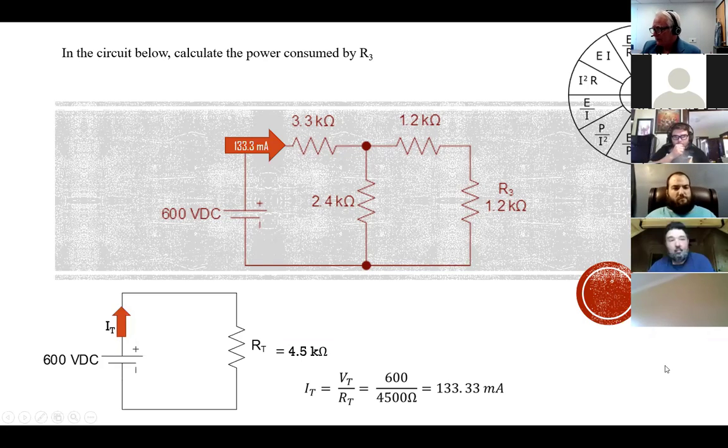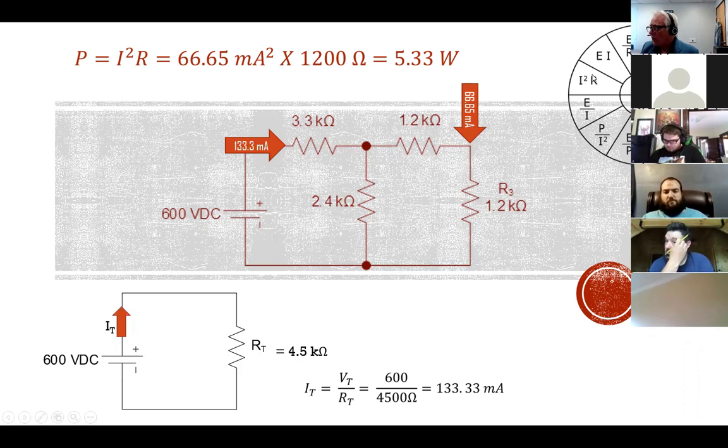So in this case, how much goes one way, how much goes the other? Half goes to each. If I did my calculations right, that's how much should be flowing in that branch. So now that I have a current, I can use I squared R to solve for that.